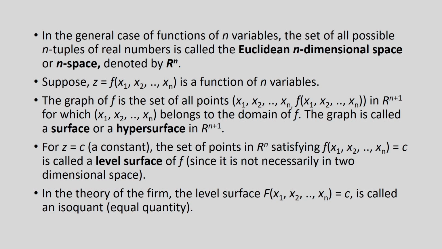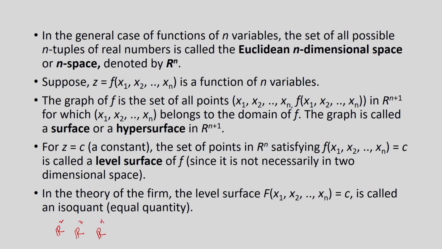Just imagine that we talked about 2-dimensional space which was R^2, we talked about 3-dimensional space R^3, but suppose instead of 2 and 3 I take a general n. So, that will also be an n-dimensional space. This is called Euclidean n-dimensional space or n space, and this is denoted by R^n.